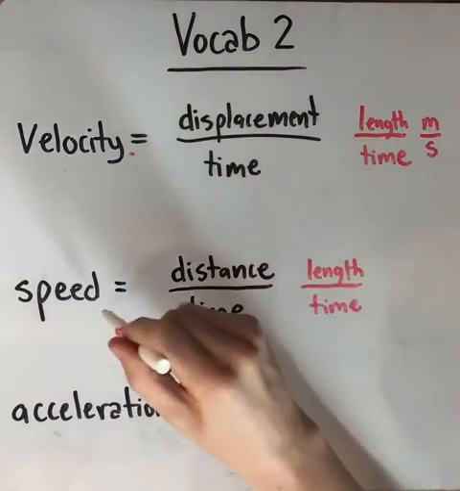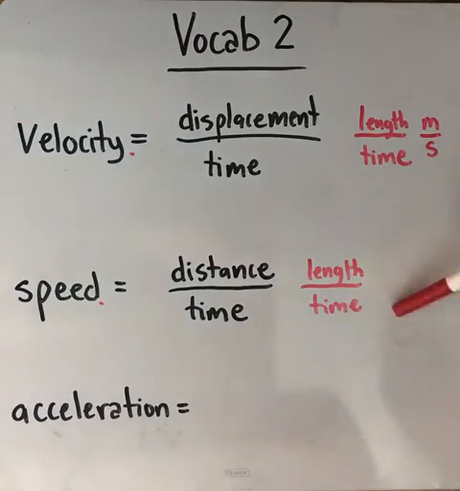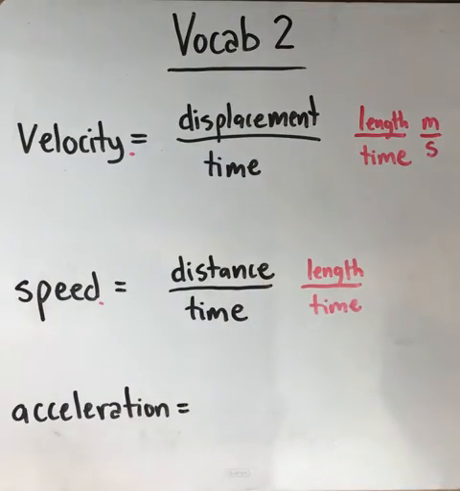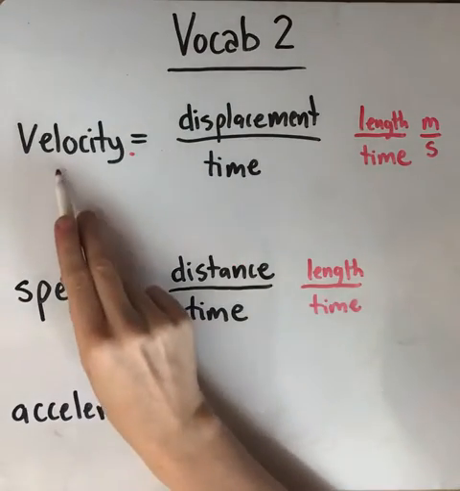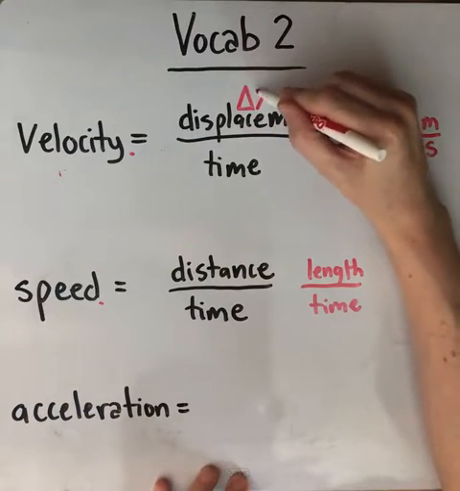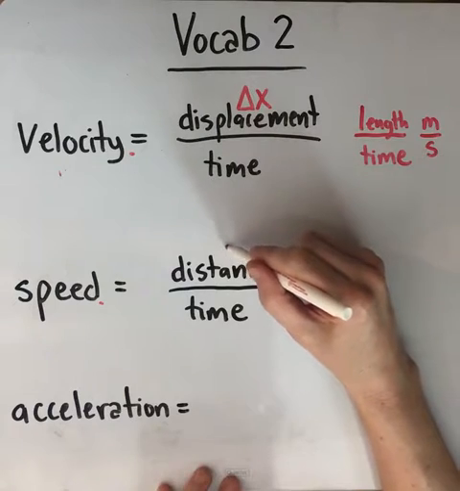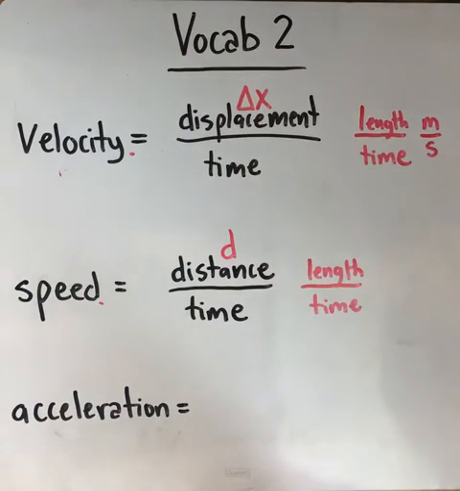So both velocity and speed have similar formulas, and they are measured in the same units. This makes it so easy for students to mix up which one is which. The important thing to remember is that velocity, because it comes from displacement, will give us a different number than speed because it depends on distance.